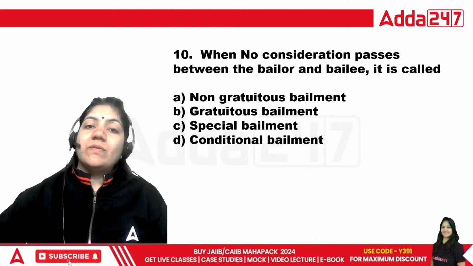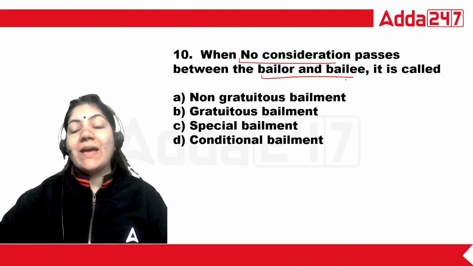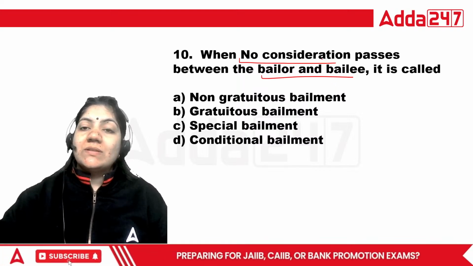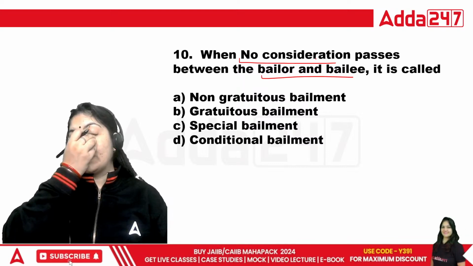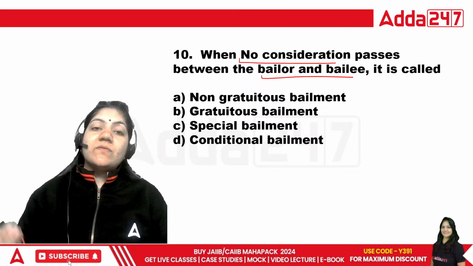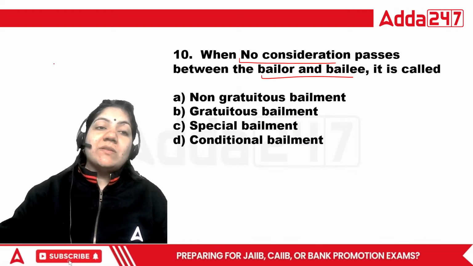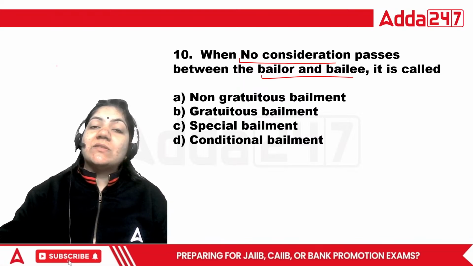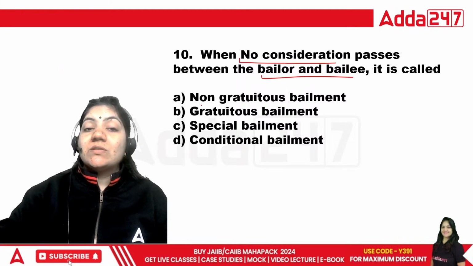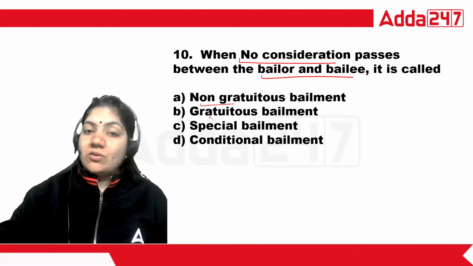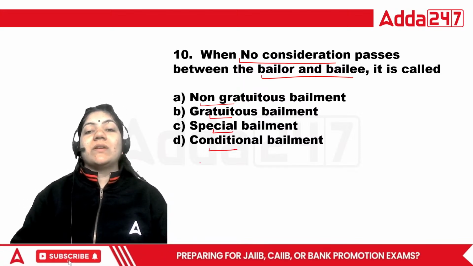The question is when no consideration passes between bailer and bailee. Consideration is basically something for something. So when there is no consideration, it means the bailer has given the goods to the bailee free of cost. Is it non-gratuitous, gratuitous, special bailment or conditional bailment?